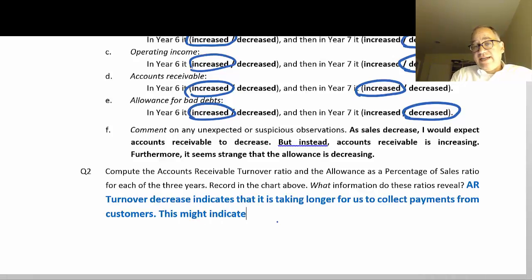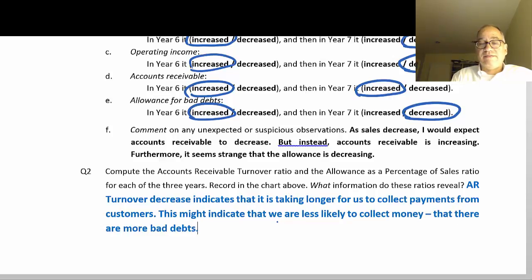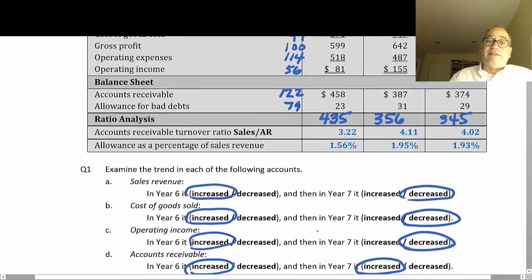It might indicate that we are less likely to collect money, that there are more bad debts. So let's see what happened to the allowance.